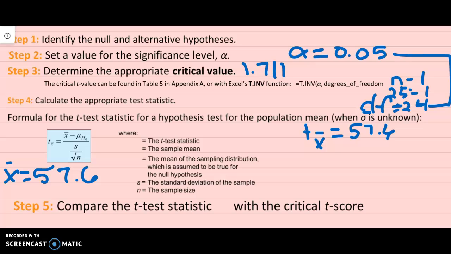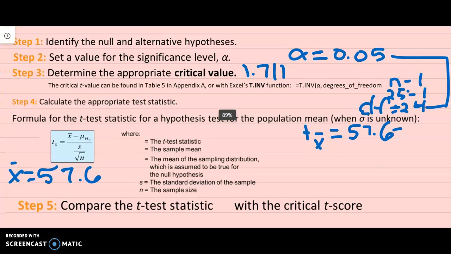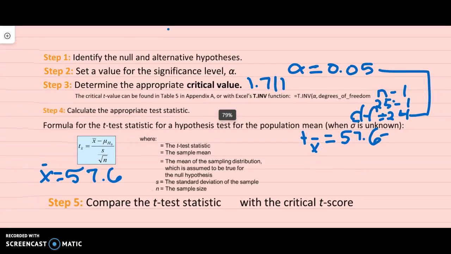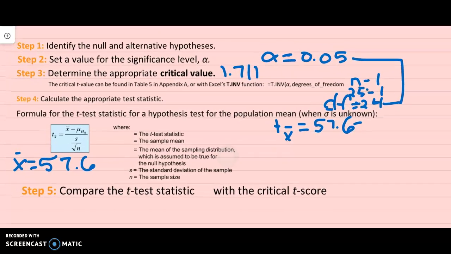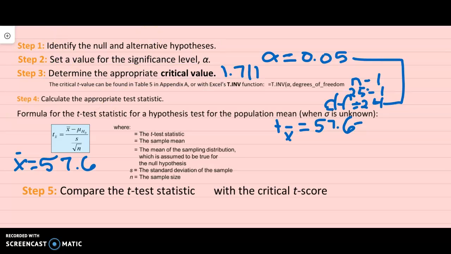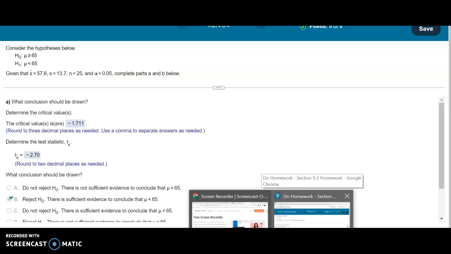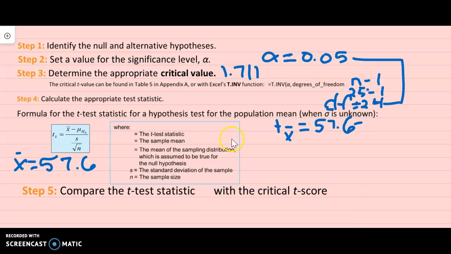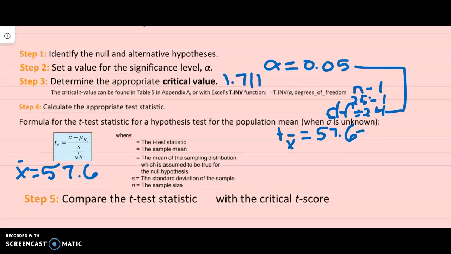57.6 minus the mean. Let me erase that, make it a little bit clearer here. Minus the mean, and our mean here, the mean of the sampling distribution, was what was in our hypothesis, and that was 65 up here.